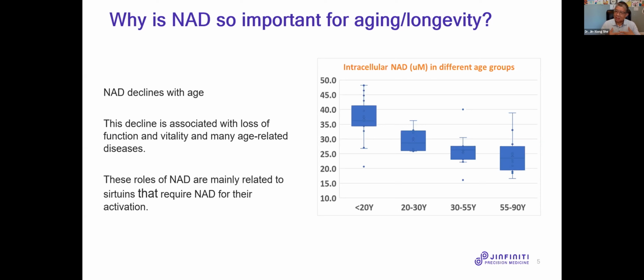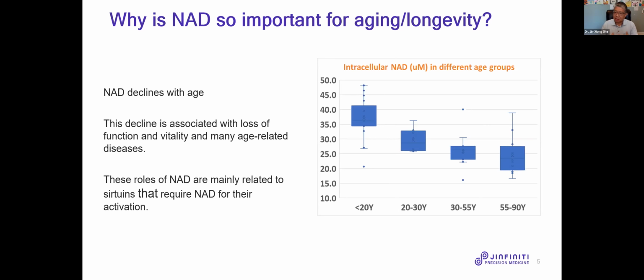So these data are from hundreds of individuals that we have analyzed. And this is, I believe, the best evidence showing an age-dependent decline of NAD in the human population.